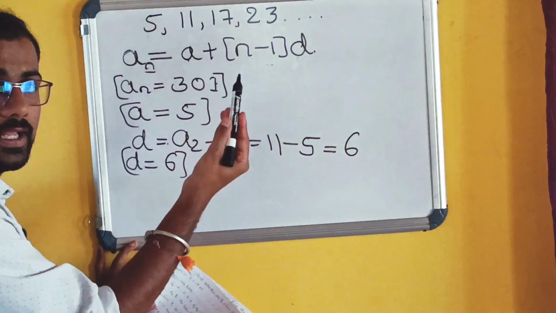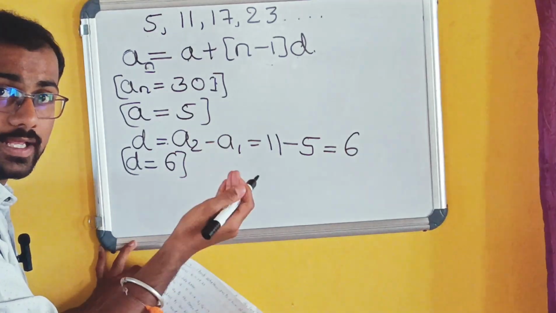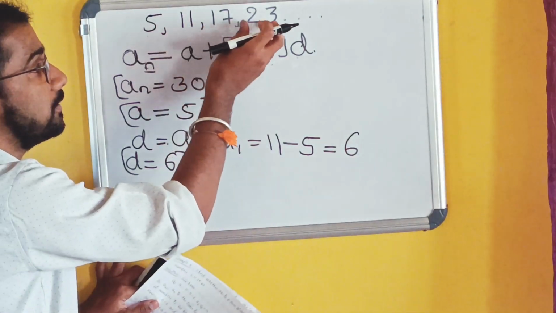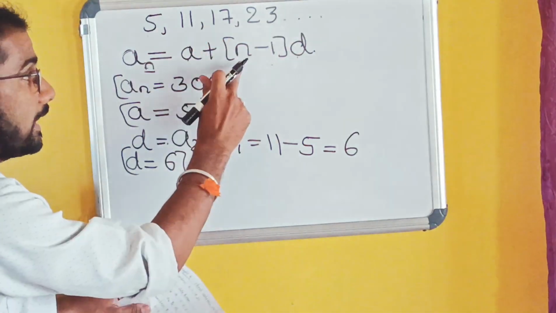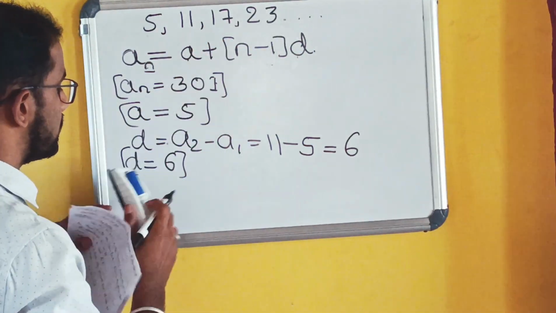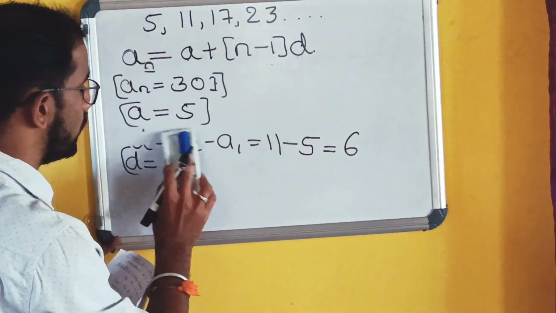Now we don't know the value of n, how many terms are present in this sequence. Let's calculate that n. Substitute all these values in this formula.